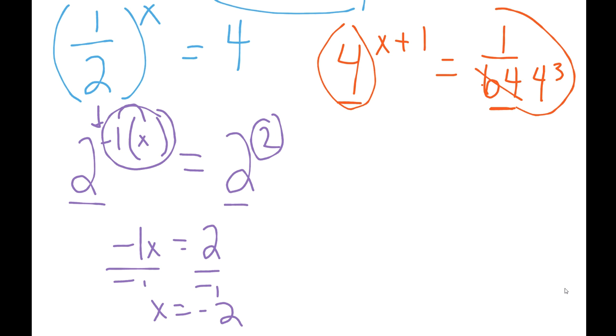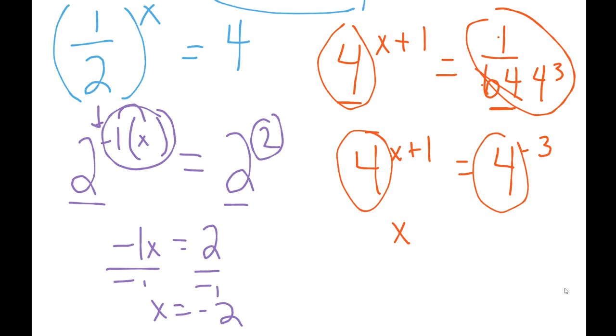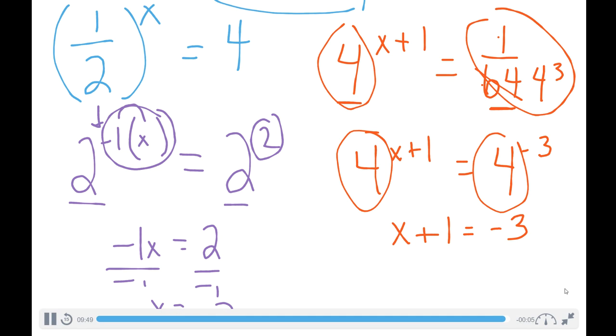This 1 over 4 to the 3rd really means 4 to the negative 3rd, because that's how the 64 got to the bottom, you flipped it. So 4 to the negative 3rd equals 4 to the x plus 1. Then bases are the same, so x plus 1 equals negative 3. Minus 1, x equals negative 4.